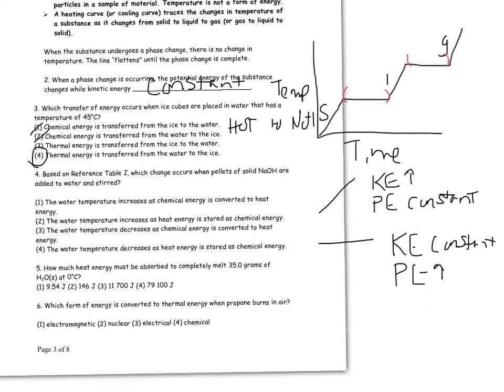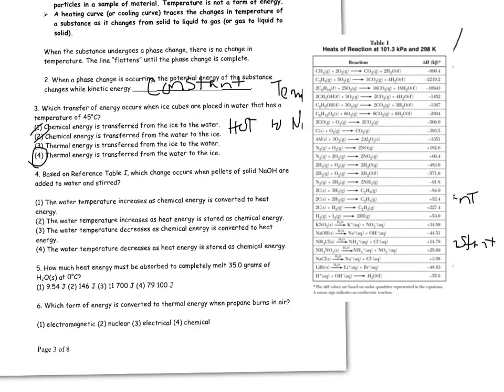Question number 4 asks us to examine reference table I and describe what occurs when sodium hydroxide pellets are placed into some water. So let's pull up reference table I. So here on reference table I, we're going to look for sodium hydroxide dissolving in water.